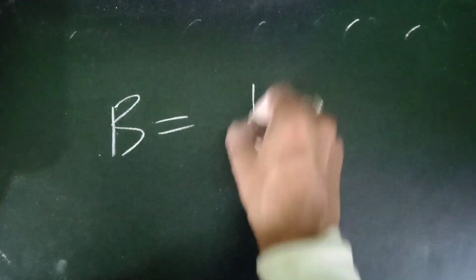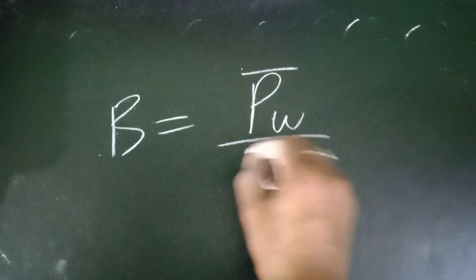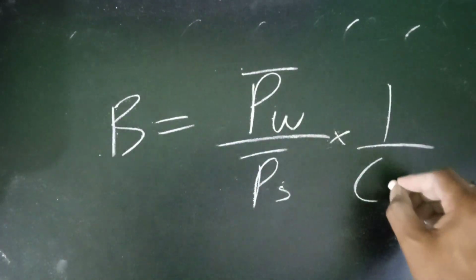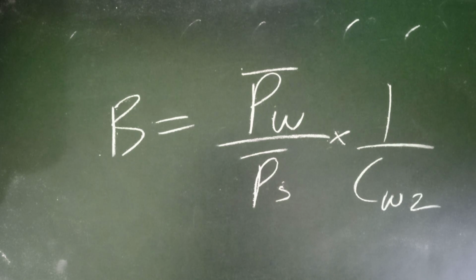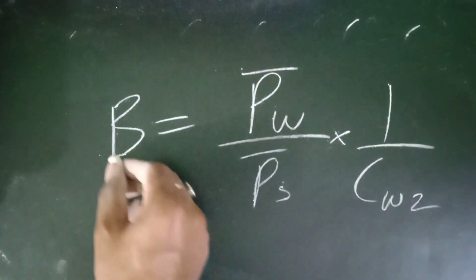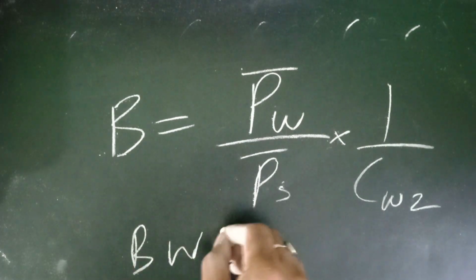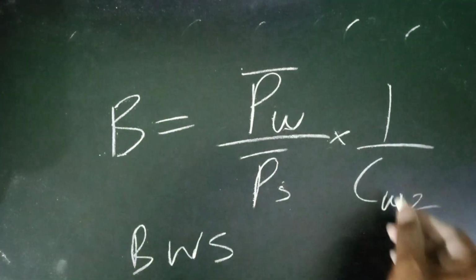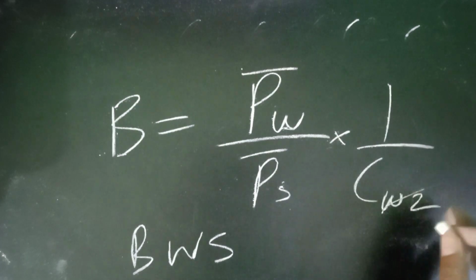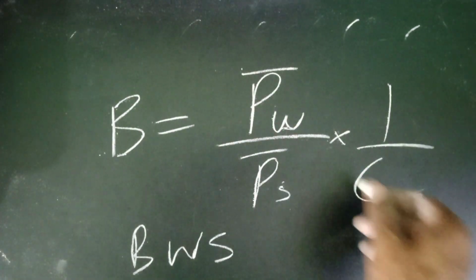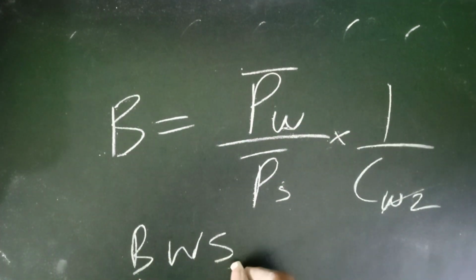B is nothing but Pw bar by Ps bar into 1 upon Cw2. One way to remember it is BWS. The W will not actually cancel, but this is a way to remember.